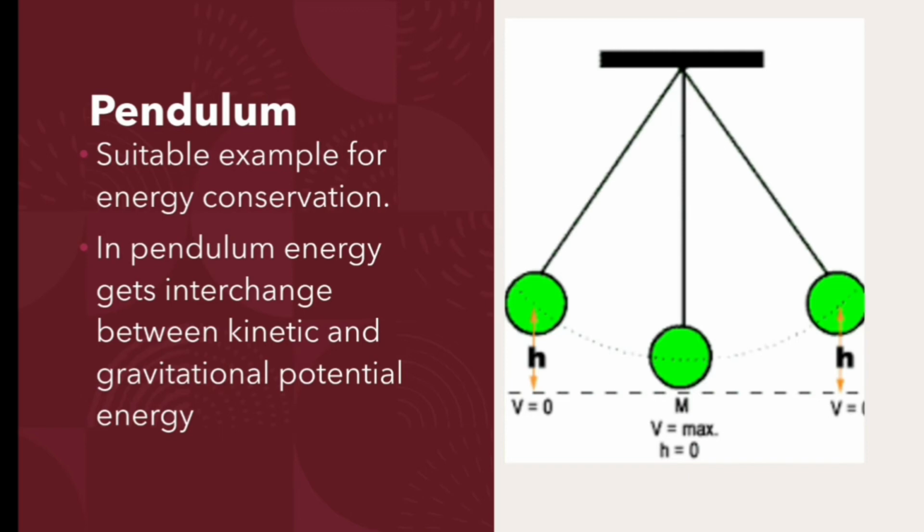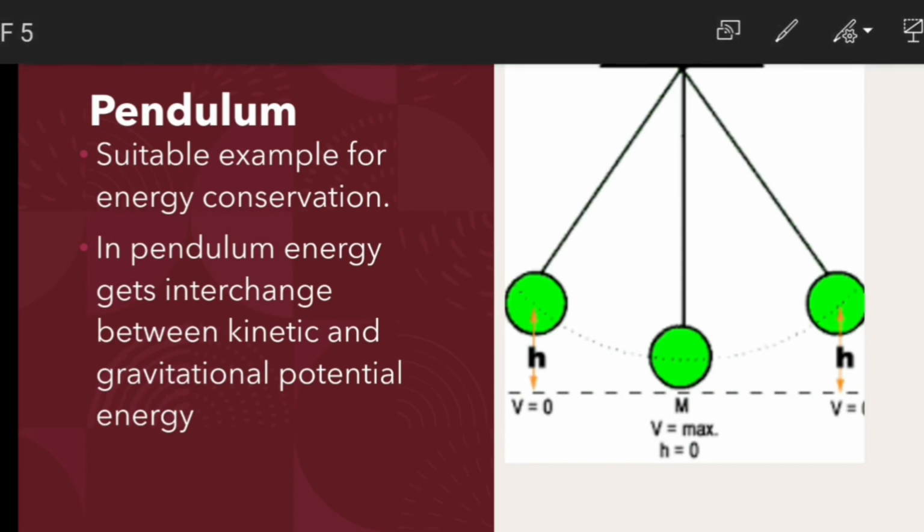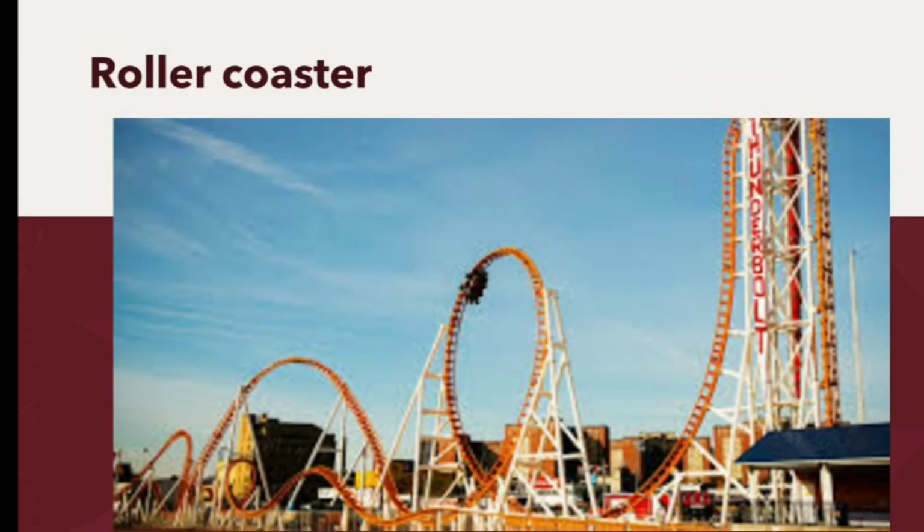So during the movement of the pendulum, these two energies get interchanged. Roller coaster is also a suitable example of energy conservation. Here also there will be an interchange between kinetic energy and gravitational potential energy.